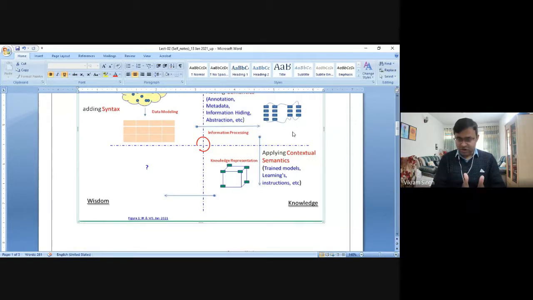So to achieve this knowledge, you have information objects as an input and a knowledge object as an output. To achieve this transformation from information to knowledge, we add something onto the information object. In the modern context, if you have written an algorithm to attain some kind of learning, some kind of training, some kind of instruction generation, then these trained models, these learnings gained into the algorithms, these instructions which we have derived and fed into robots, are the form of knowledge.